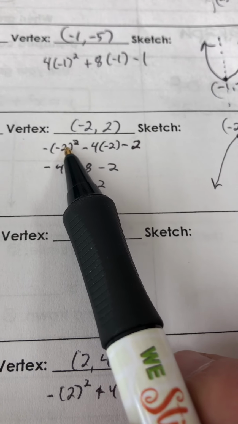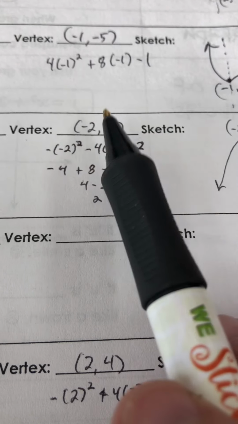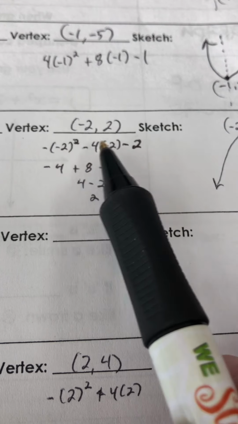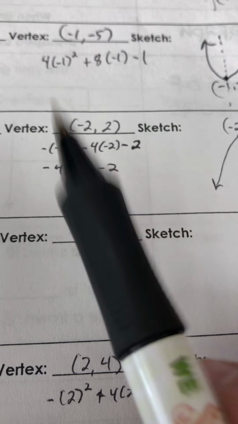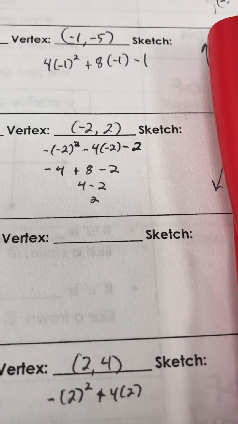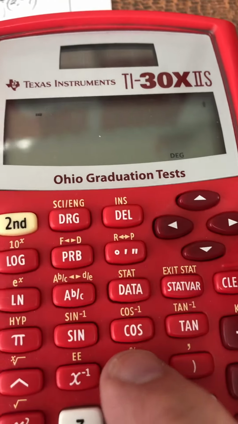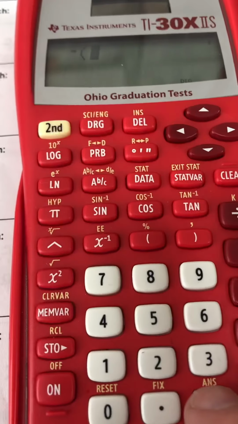All right, so for the vertex, I'm going to plug in my negative 2 wherever I see an x. I put it in parentheses, and I'm going to show you this one on the calculator just so you can see what I'm talking about. So I have negative, and then in parentheses, I have a negative 2.